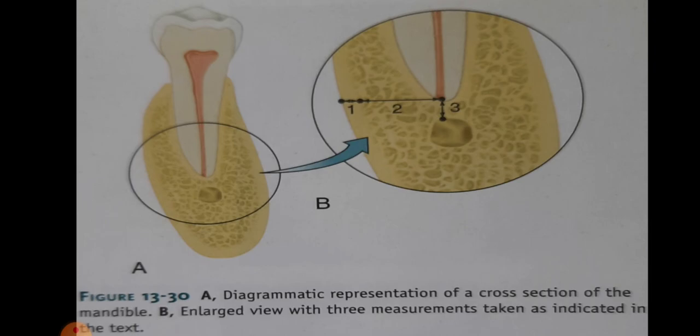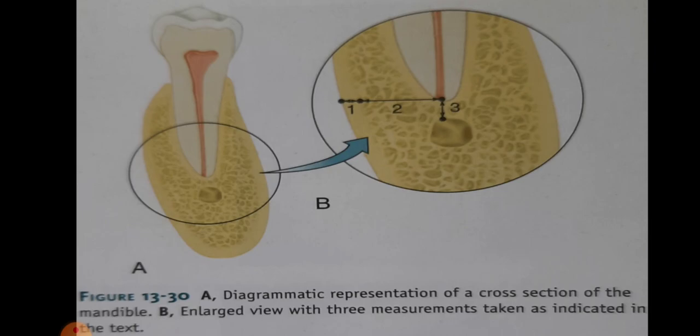Picture 1 indicates the distance from the outer to the inner surface of the buccal plate, 2 indicates the distance from the inner surface of the cortical plate to the apex of the tooth, whereas 3 indicates the distance from the canal to the apex of the tooth.